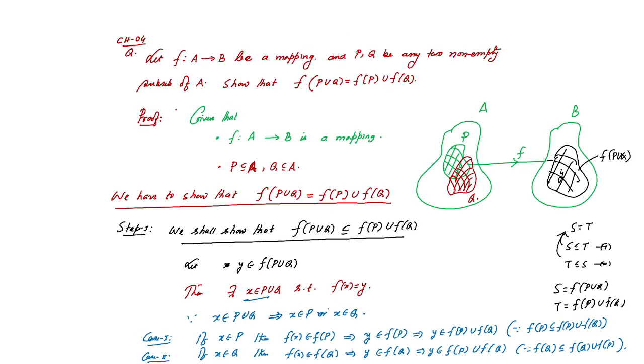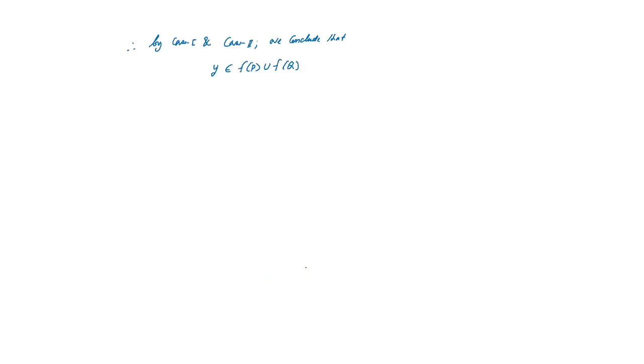So here y belongs to the image of P union Q, that means f(P union Q), and therefore we proved y belongs to f(P union Q) implies y belongs to f(P) union f(Q).